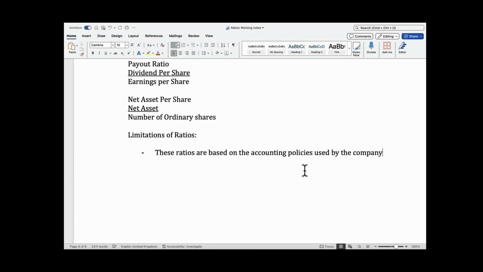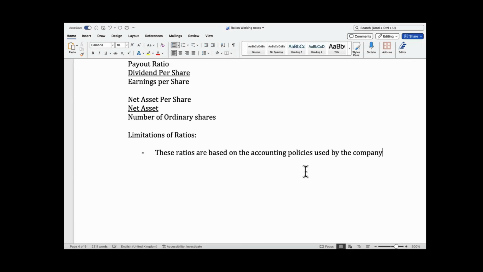There was a question I solved for professional students, I think in a case study. There are two companies that they want to buy. One company measures their assets using the revaluation model. Another measures their assets using the cost model. When I wanted to do my ratios, the first thing I did was to make adjustments.